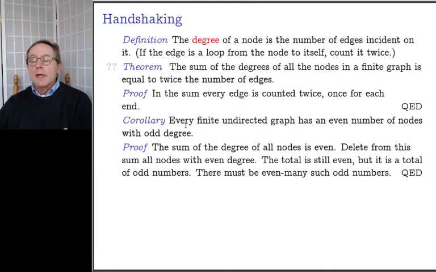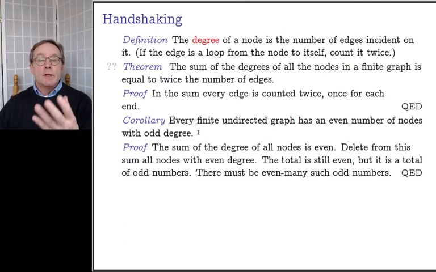Okay, so give me a finite undirected graph. Find the number of nodes that have an odd degree. So it might have degree 1, it might have degree 3, it might have degree 5, it might have degree 7. Degree 7, remember, means there are 7 edges leaving it, and that includes that if you have a loop, that counts as 2 edges.